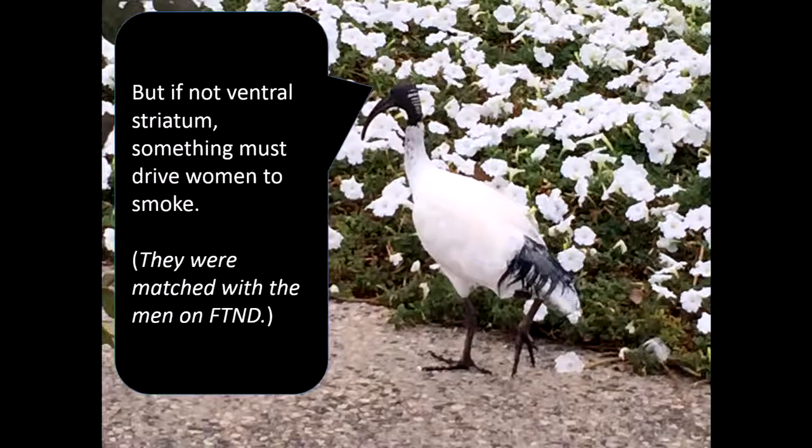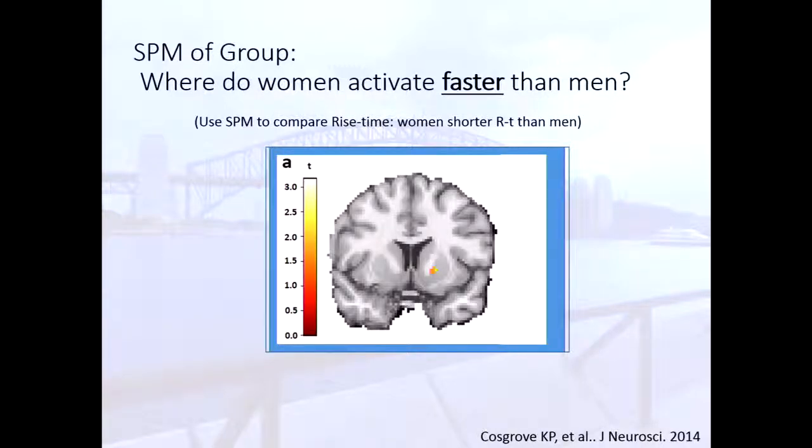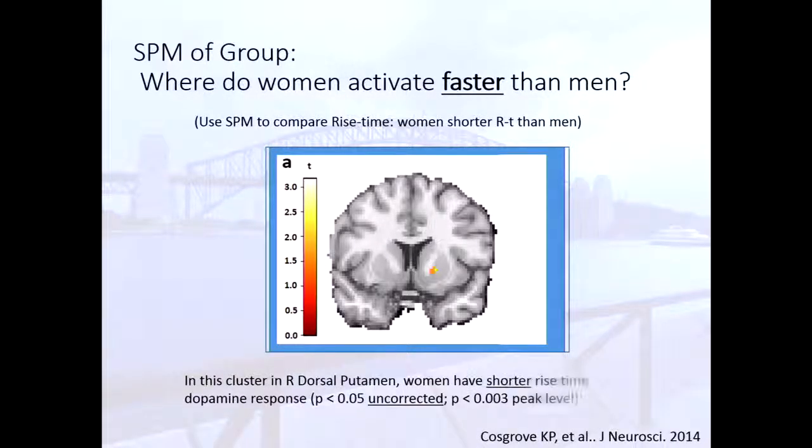To which the IBIS asks, okay, but if not ventral striatum, something must drive the women to smoke, right? We did match them for dependence. I'm not going to go into this too much, except to say that we asked the question, maybe it's the speed of response to the cigarette that is important for encoding reward.